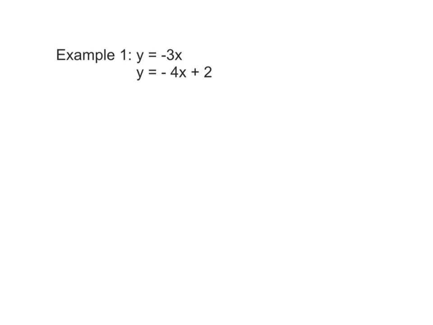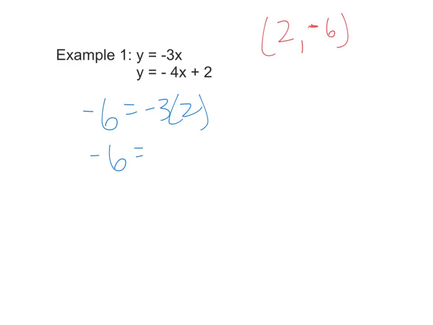So we solved and we found the point of intersection as 2, negative 6, but now we just want to make sure, and we're going to do it algebraically. So I'm going to take my first equation and plug in x and y. So I'm going to say negative 6 is equal to negative 3 times 2. And I want to make sure that both the left and the right side are equal, which it does work out.